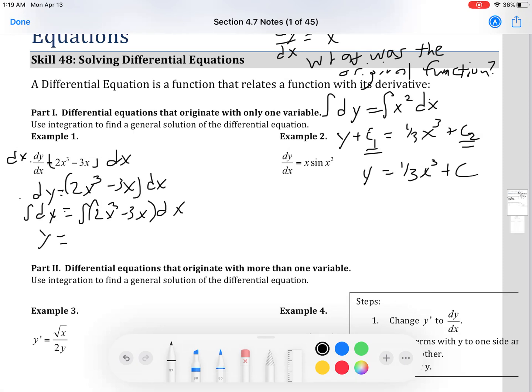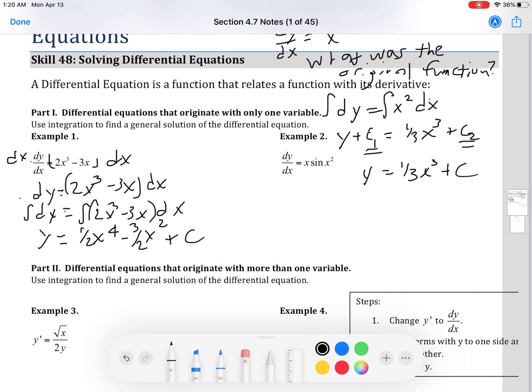So I get y equals, 4 times a half is 2. And I always like keeping that plus c in. Now, notice, we would get a constant on the dy side and a constant on the x side. And this is a well-behaved differential equation because we have a y on one side and the x is on the other side. So you want to make sure that you're doing that.